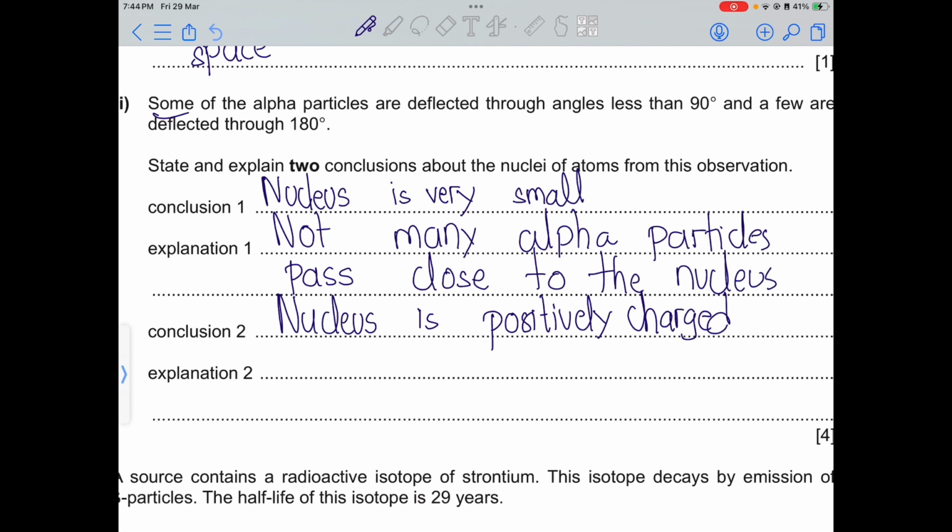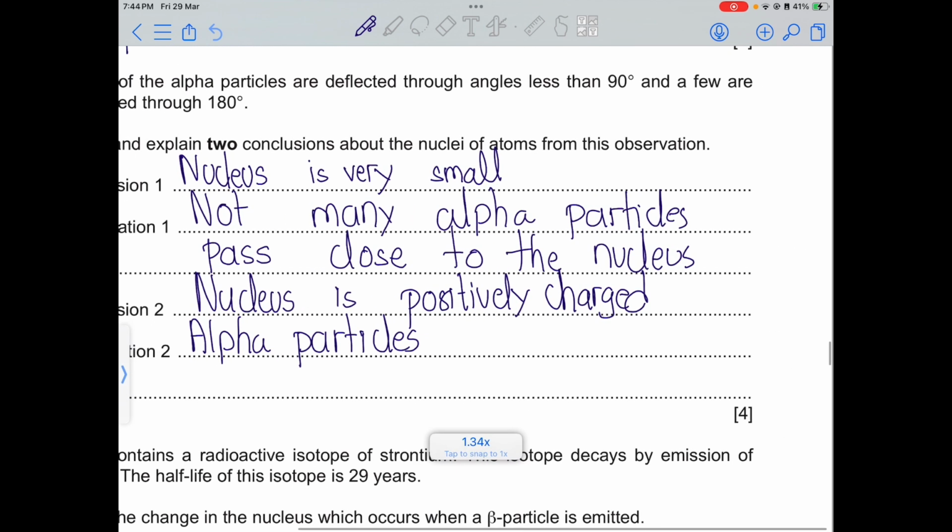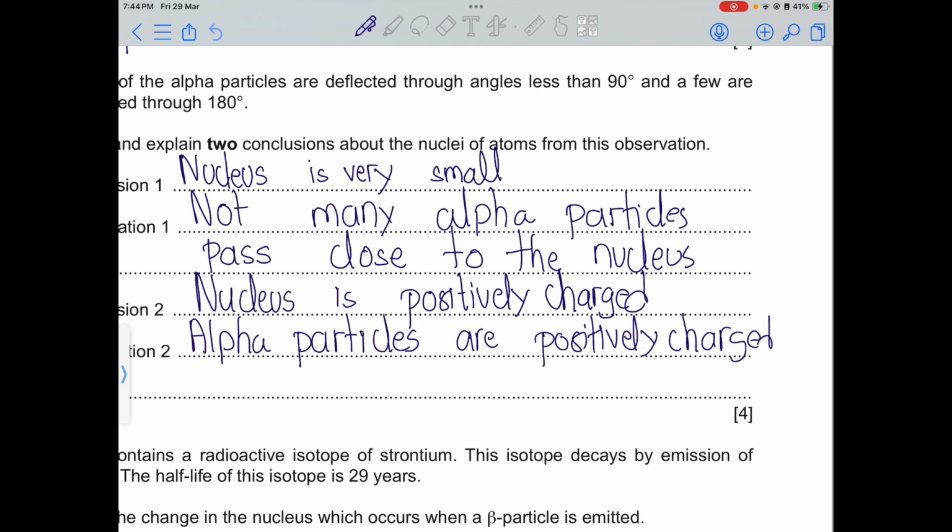The nucleus is positively charged, which suggests that the alpha particles are positively charged, hence repelled by the nucleus. Hence there's a repulsive force.